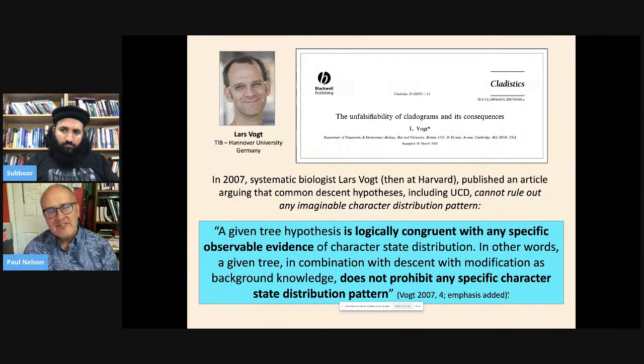So I made a list of testable predictions, or data that, if I saw these things, would make me seriously rethink my design position.